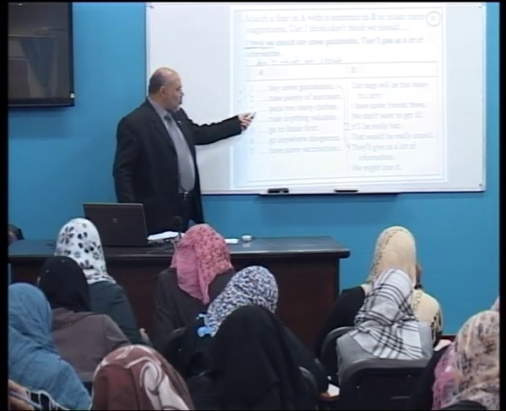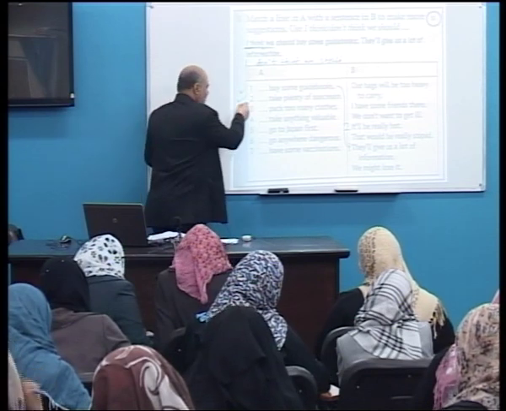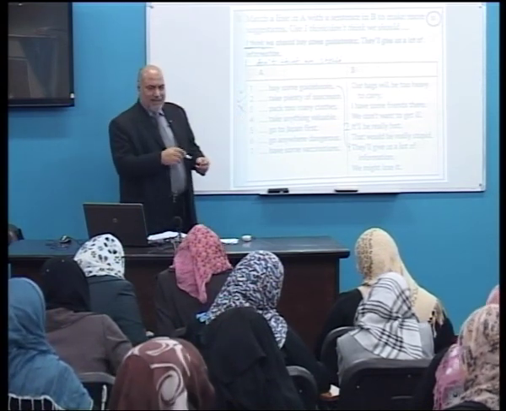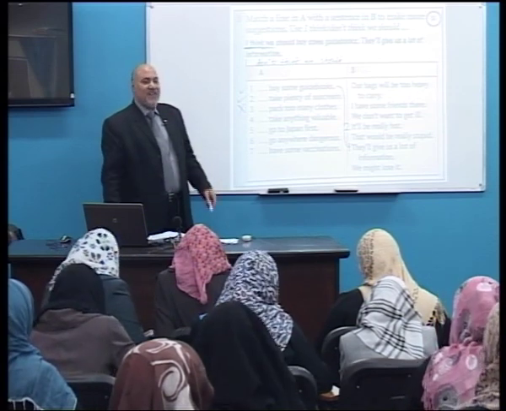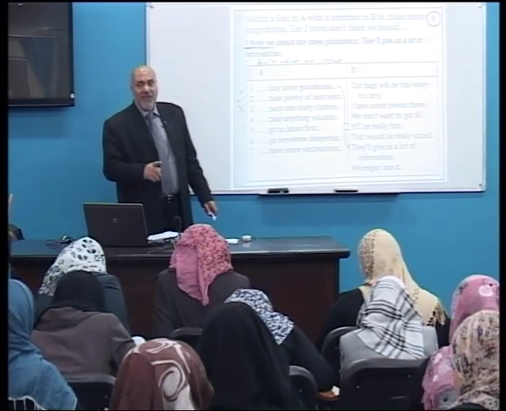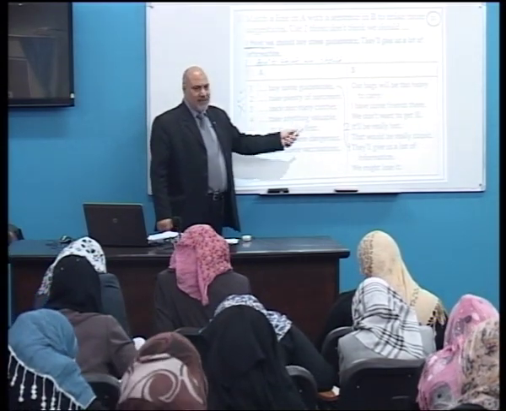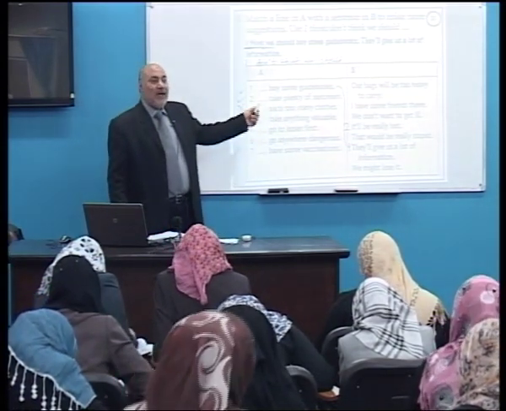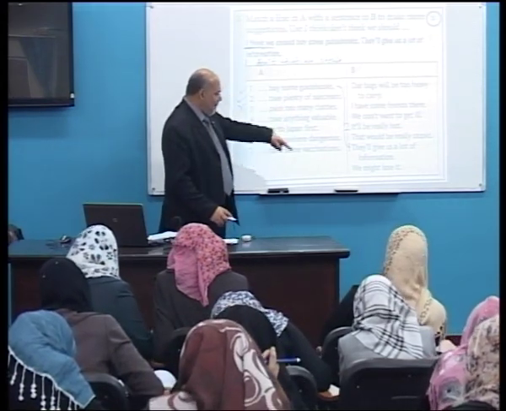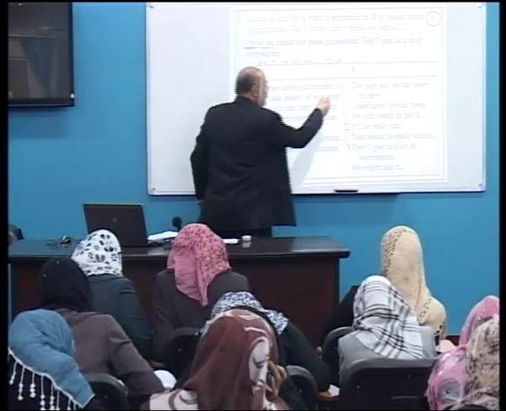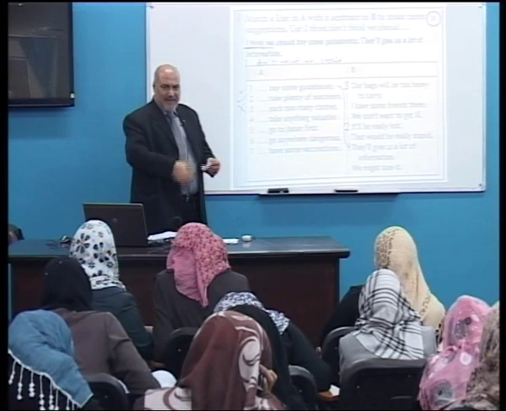So here, pack too many clothes. Shouldn't. But instead of saying we shouldn't, we say I don't think we should. I don't think we should take too many clothes. Why? Our bags will be too heavy to carry.